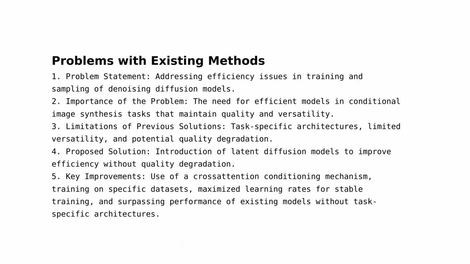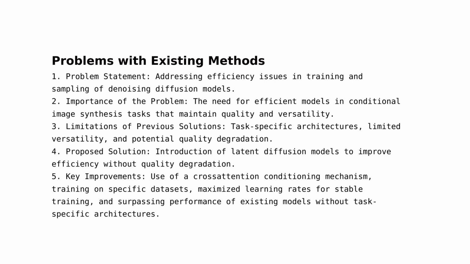Importance of the problem. The efficiency of training and sampling in denoising diffusion models is crucial for their performance in conditional image synthesis tasks. Improving this efficiency can lead to better quality models that do not degrade over time and do not require task-specific architectures. This can open up new possibilities for the application of these models in various tasks.